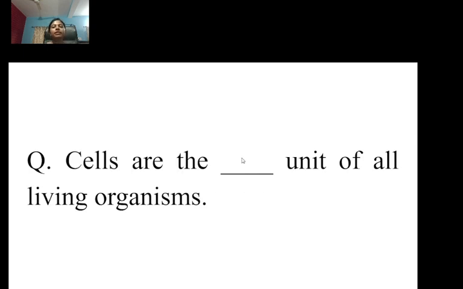So cells are the basic unit of living organisms. Yes. Cells are the basic unit of living organisms. Yes. Smallest unit of living organisms. Good. Very good.